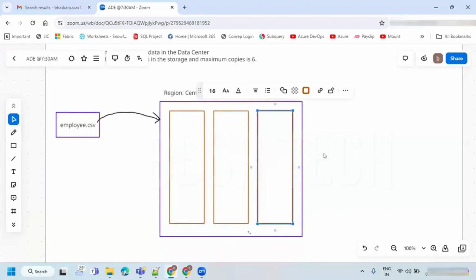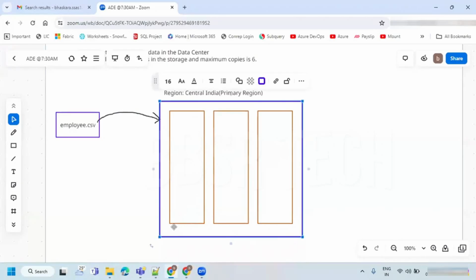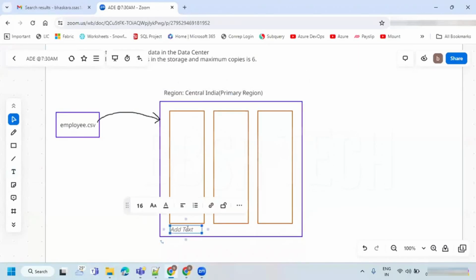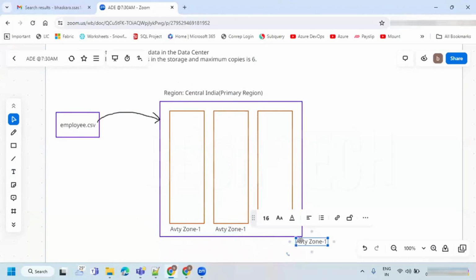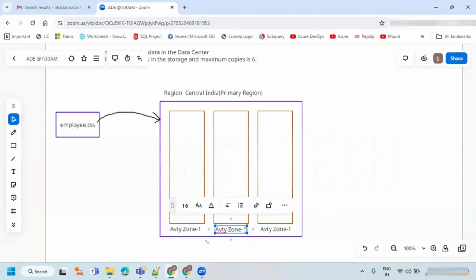You will have more availability zones, but we require only one, so I am just going to take one. This is availability zone 1, this is availability zone 2, and availability zone 3.